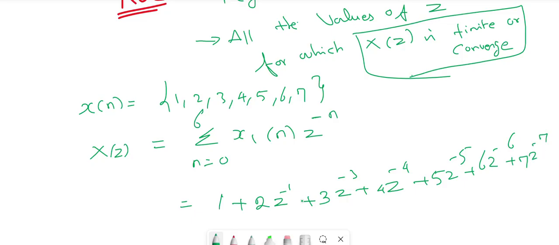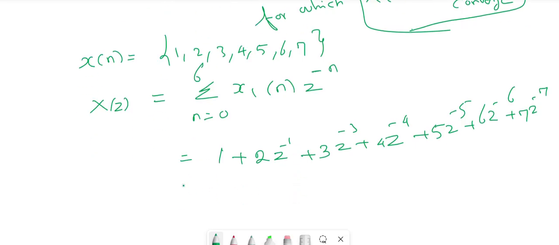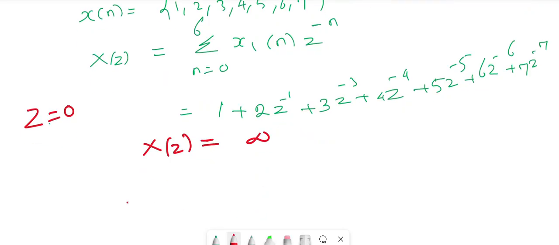In this equation, if you substitute z equal to 0, the terms become 1 by z to a power, anything divided by 0 is infinity. So X(z) becomes infinity.